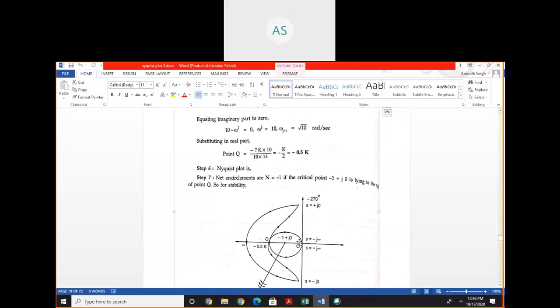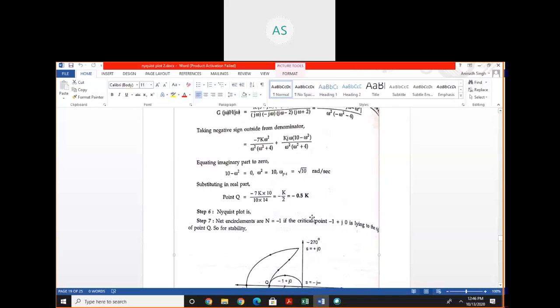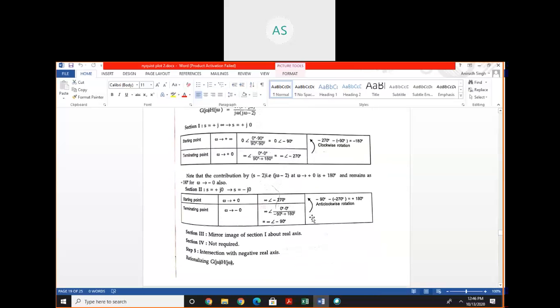Similarly, when omega tends to plus 0, this term contributes 0 because omega is 0. This term contributes 90 degrees, and this term, because it is in the form of s minus a, contributes plus 180. So we get infinite magnitude in this case and angle minus 270.